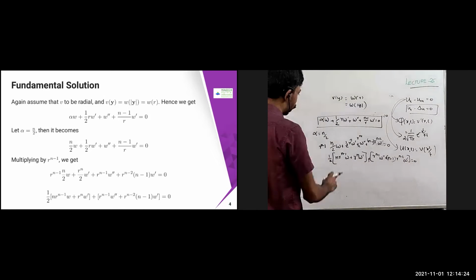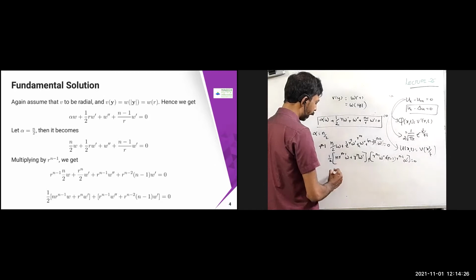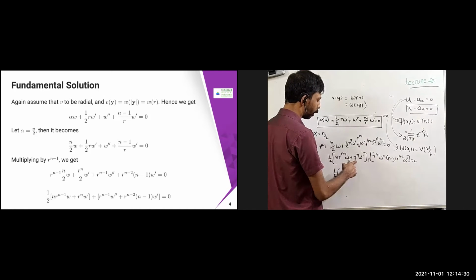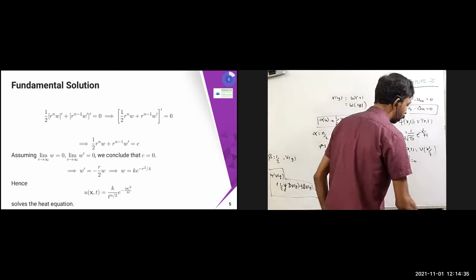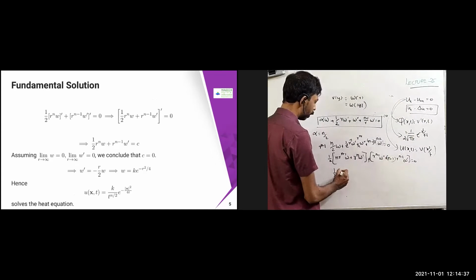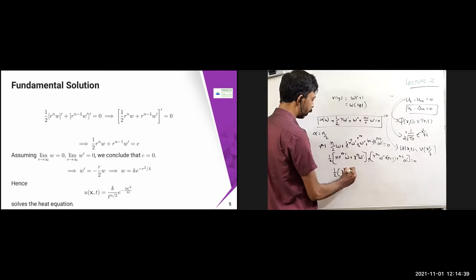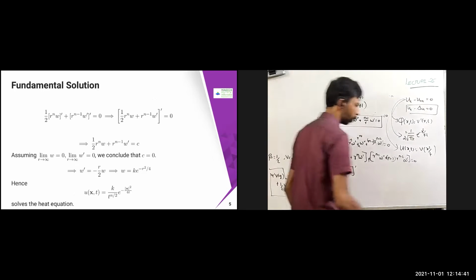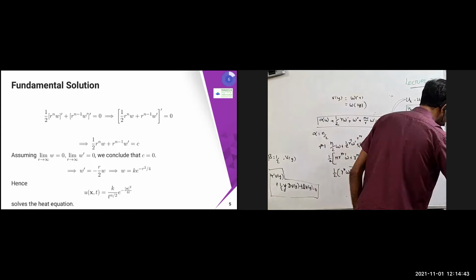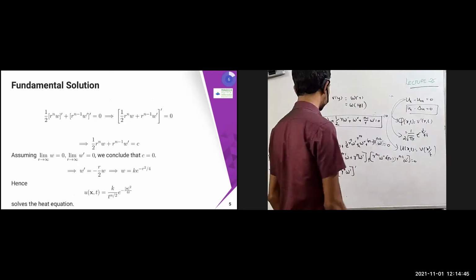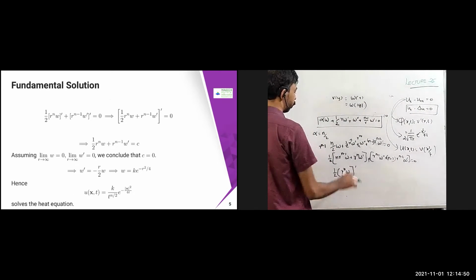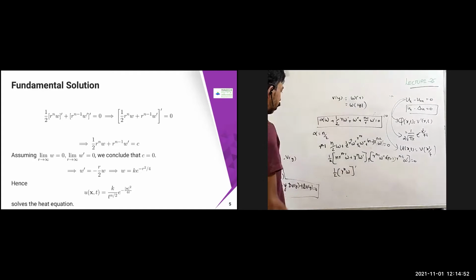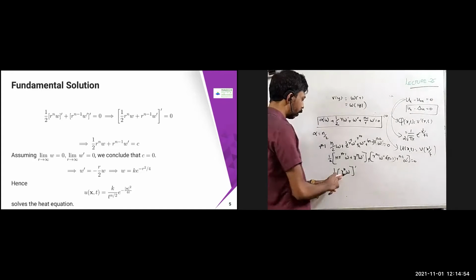So if you see this one, I can write it as 1 by 2 into R power n W dash, whole dash. Sorry, R power n W dash is going to come. So you can see that the UV rule you can apply.